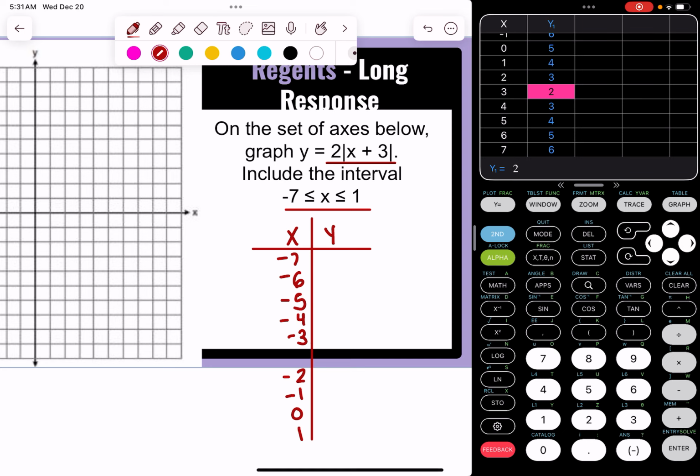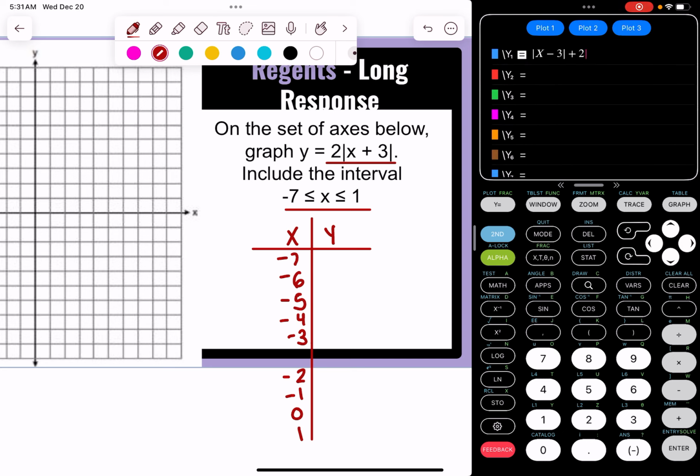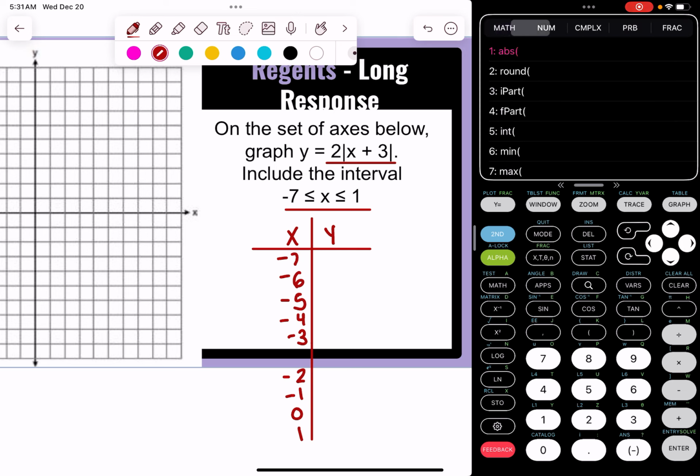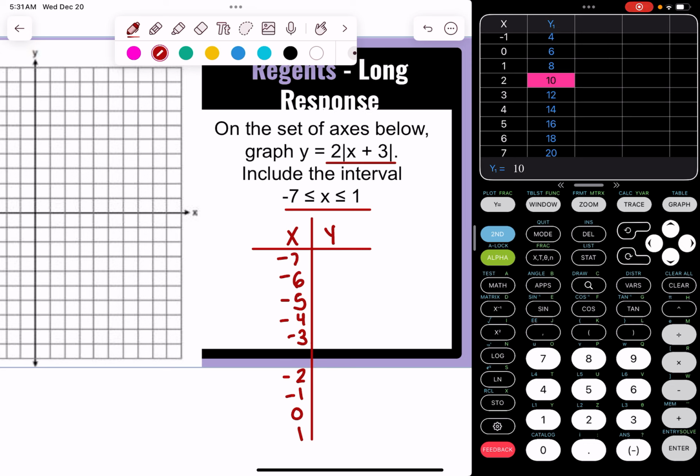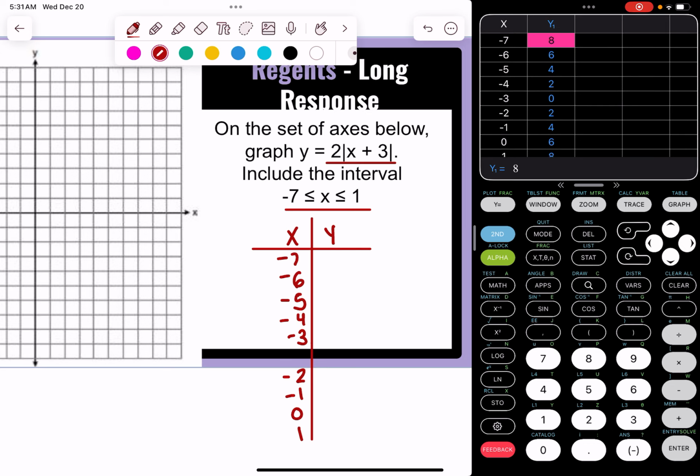All right, we got to go type this in. 2, then absolute value of x plus 3. Let's go to the table. Negative 7 is at 8. Negative 6 is 6. 4, 2, 0. This is our vertex point, and then everything afterwards starts repeating.